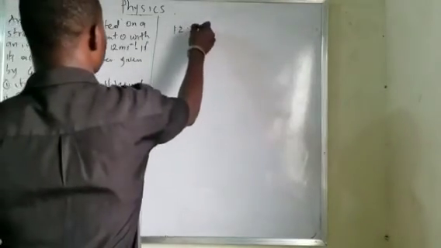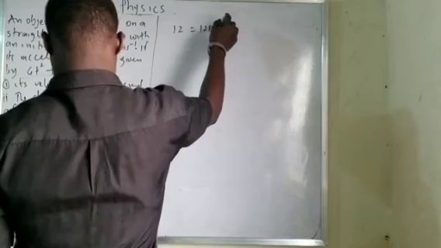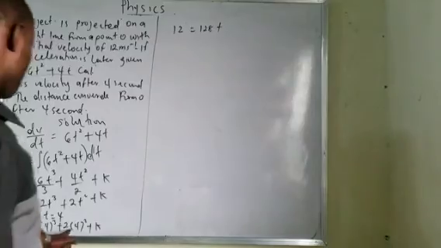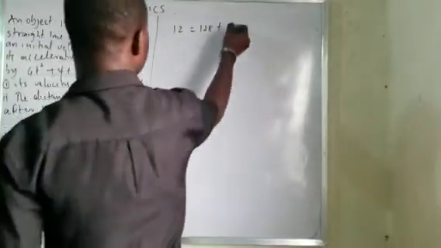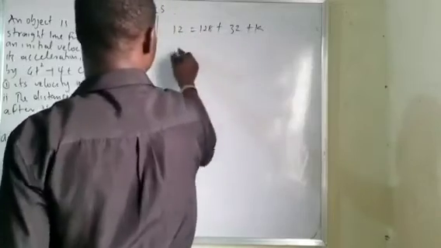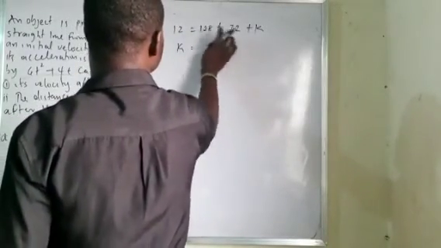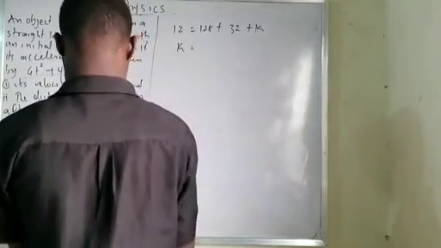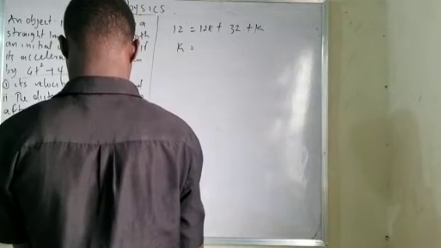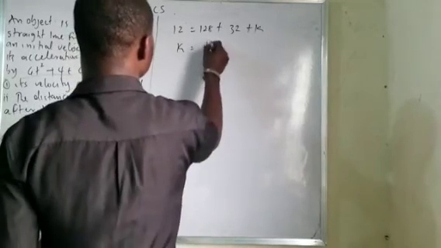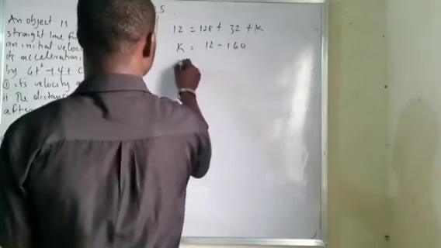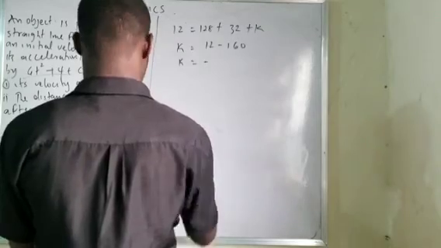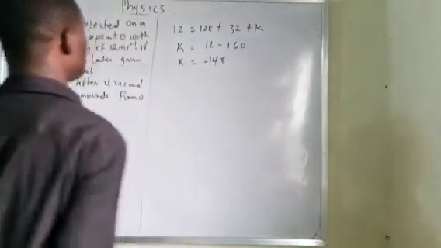So 12 equals 128 plus 32 plus K, which gives K equals 12 minus 160. My K will be equal to minus 148. That is my K.